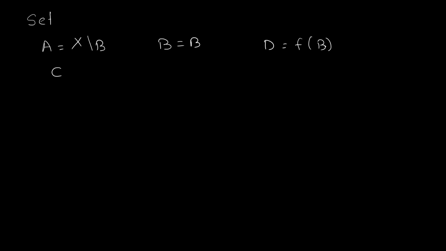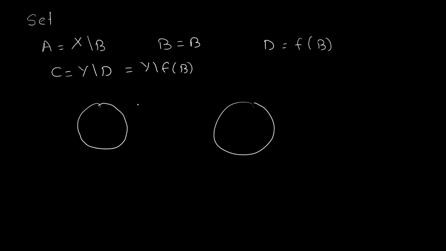D I will name as f of B. Then C I will name as Y minus D, that is basically Y minus f of B. So if I draw this diagram from X to Y, how will it look?